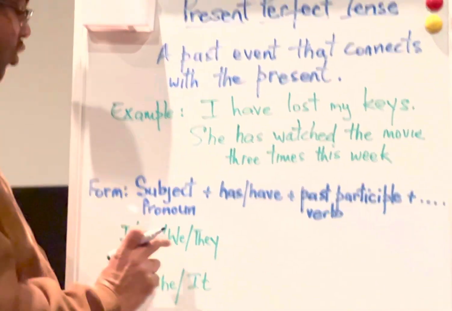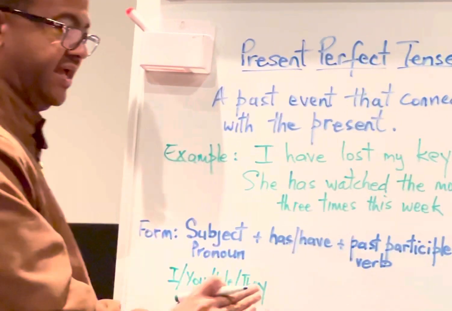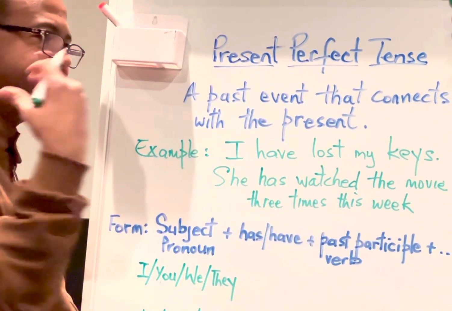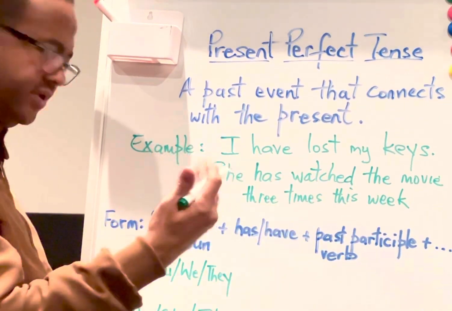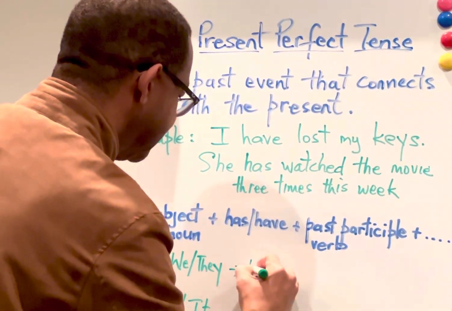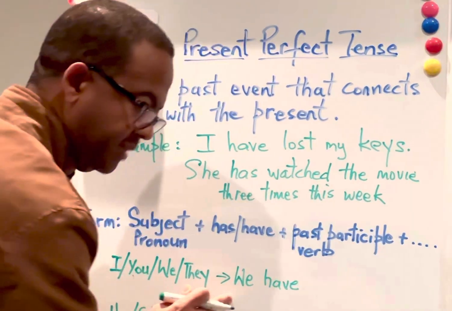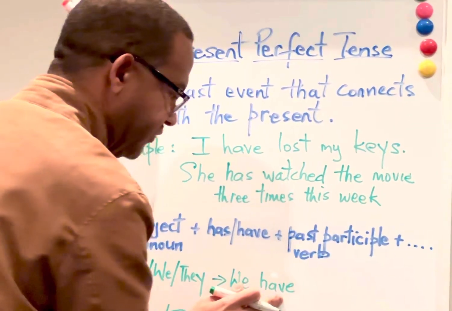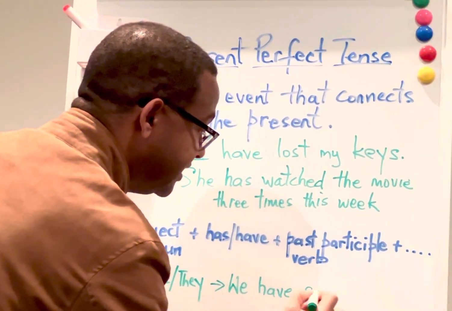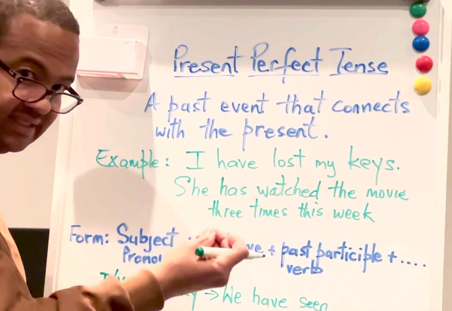Okay, let's write a quick example where I, you, we, they. Subject pronoun, either I, you, we, or they. We have seen this movie before. Let's write that. We, as an example, we have. Subject pronoun, auxiliary verb. We have seen. Now, seen is coming from the verb see.